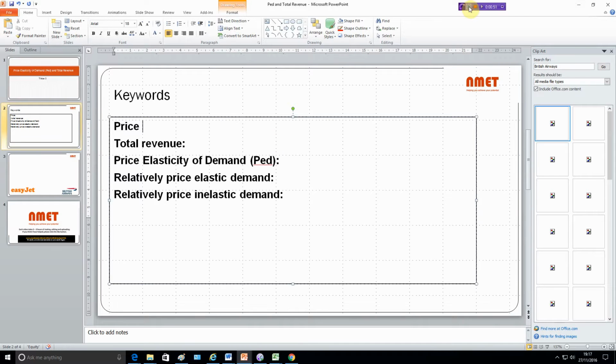Price. What is price to you? So price is an amount of money that you have to pay for a certain item or service.